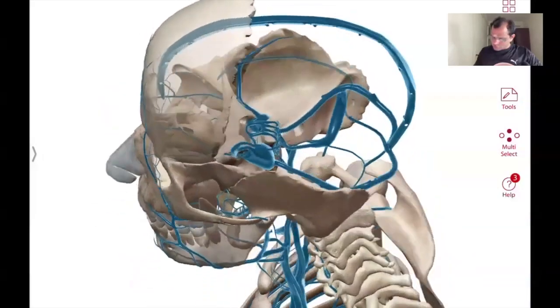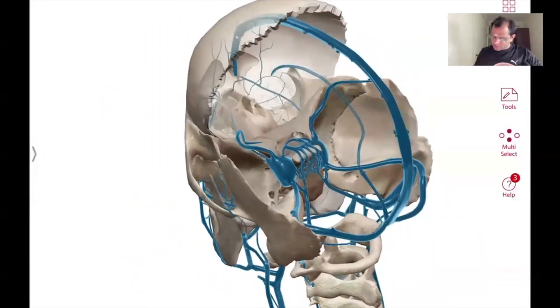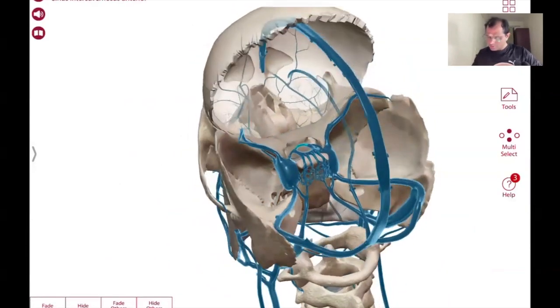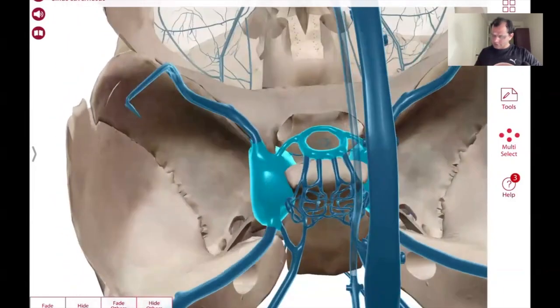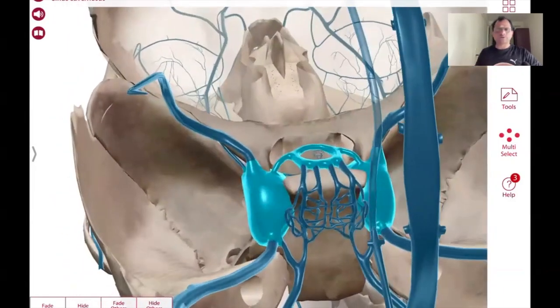So yesterday we discussed the cavernous sinus. This is the cavernous sinus, anterior cavernous sinus. Right, left, this entire structure that we are seeing is the cavernous sinus, and the pituitary gland is located here.